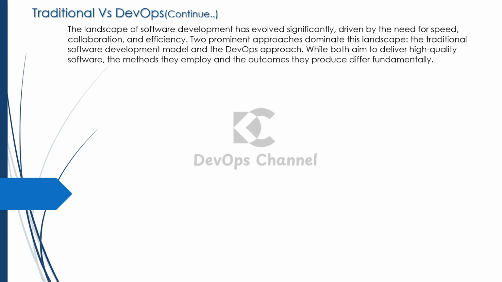Basically, the two prominent approaches for product delivery are the traditional development model and the DevOps approach. Both aim to deliver a high quality product, but they differ in their own scenarios. So let's understand with the help of key points.